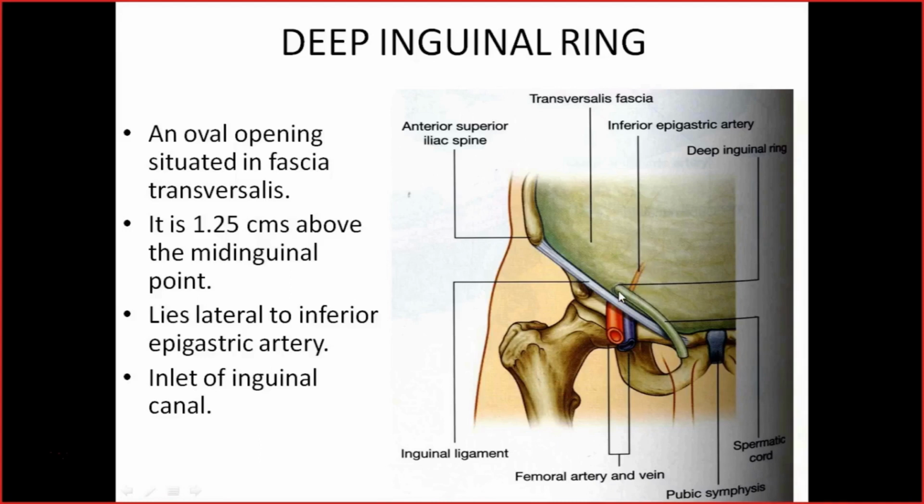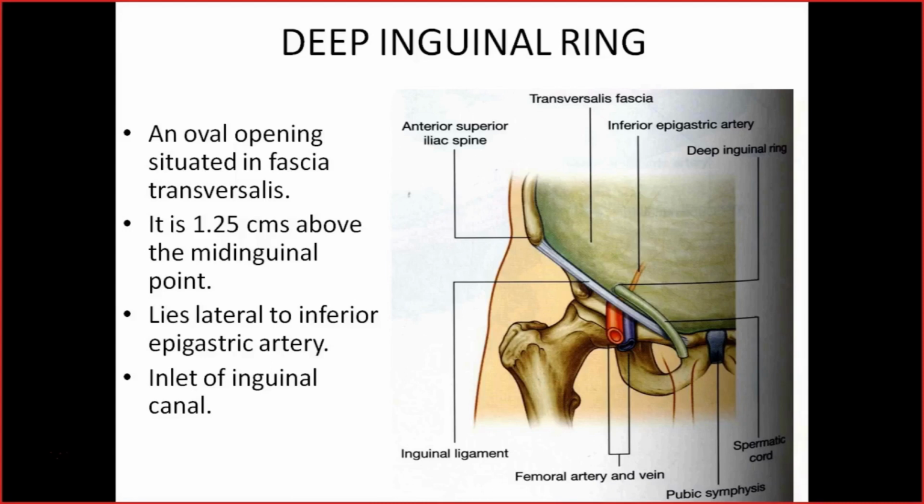Just lateral to the inferior epigastric artery, you can make out the deep inguinal ring. So by finding this artery, it will be easy to identify the deep inguinal ring. That's all about the deep inguinal ring. It is also considered the inlet of the inguinal canal.